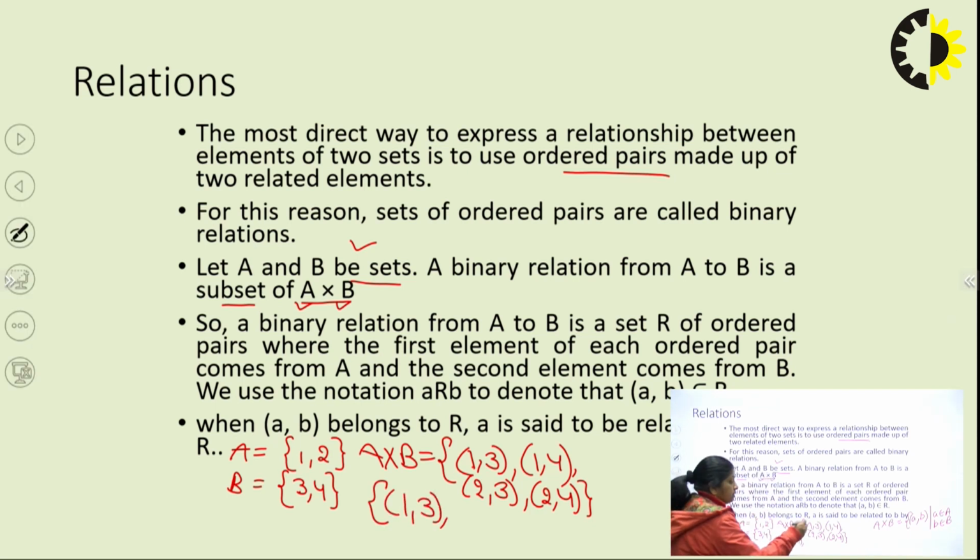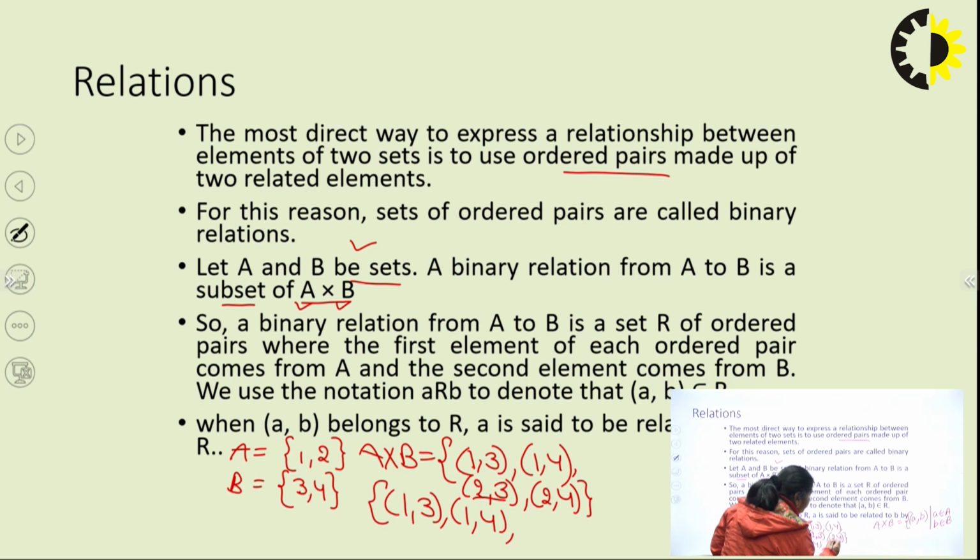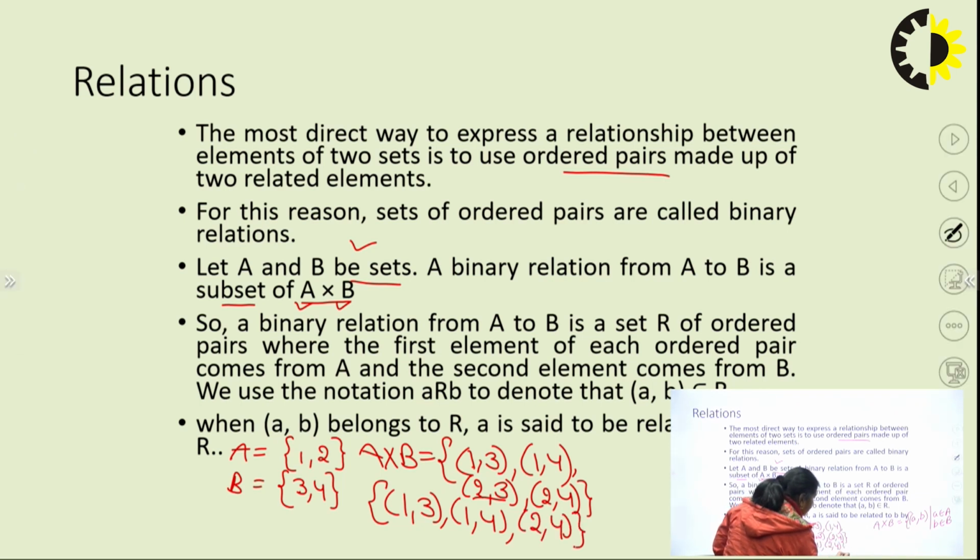In the second also, 1 divides 4, so I will take 1, 4 also. 2 doesn't divide 3, so in the divisibility operation this particular pair will not be included. If I see the fourth one, 2 divides 4, so it is also part. So I have a subset such that the first element divides the second element. This is one relation.